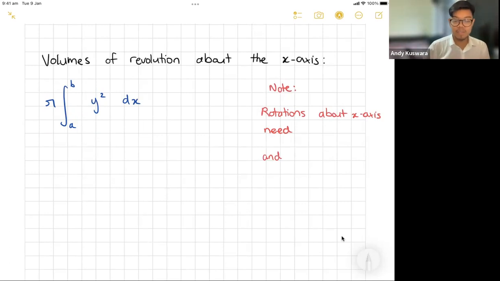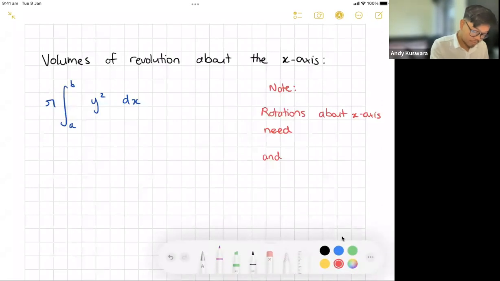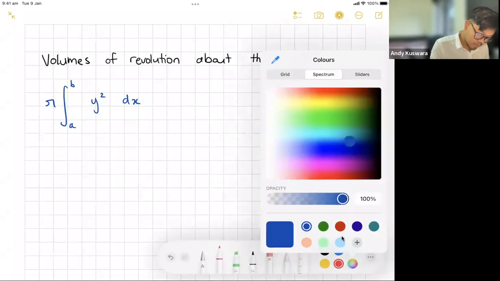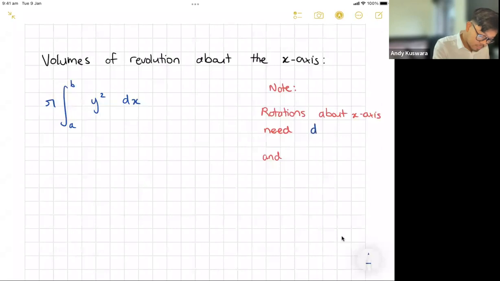And so here's the key thing here. If we're rotating about the x-axis, the rotations need to be, and I've left room for this, I'll leave it in blue so you can see, they need to be with respect to x.